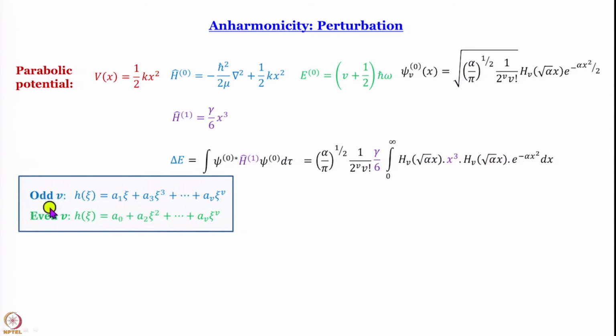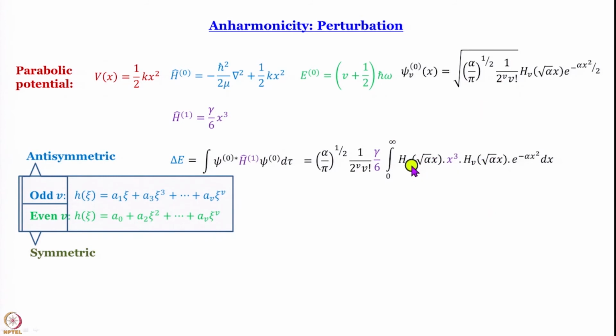So, for odd v's, it is not very difficult to understand that the Hermite polynomial is antisymmetric with respect to inversion. Similarly, for even values of v, you only get things like xi square, xi to the power 4, so on and so forth. So, if you replace xi by minus xi, square of minus xi is the same as square of xi. So, this is symmetric with respect to inversion. Please see that what we have here is a product of the same Hermite polynomials, actually square of Hermite polynomial.